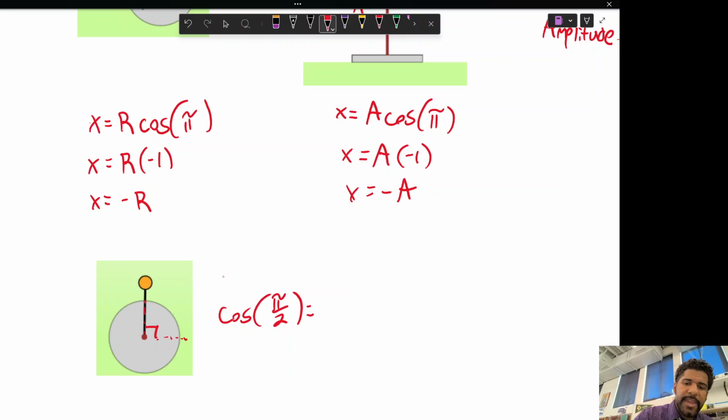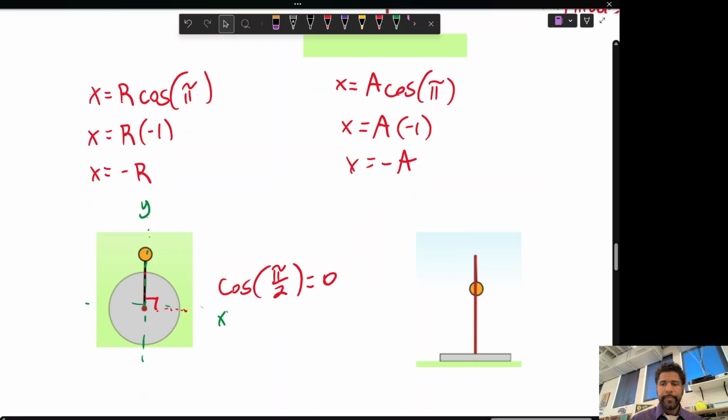Because the X coordinate, if I were to make an XY plane, is going to be 0 because it is on the Y axis. If I were to look at this from the side point of view, we see that as hiding behind the pole, or honestly, it's at our theoretical equilibrium. So X is equal to A times the cosine of pi over 2, our X position is equal to 0.